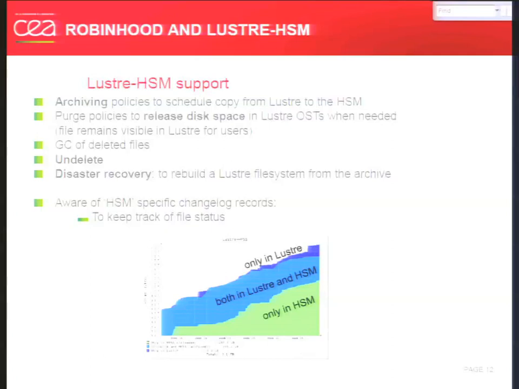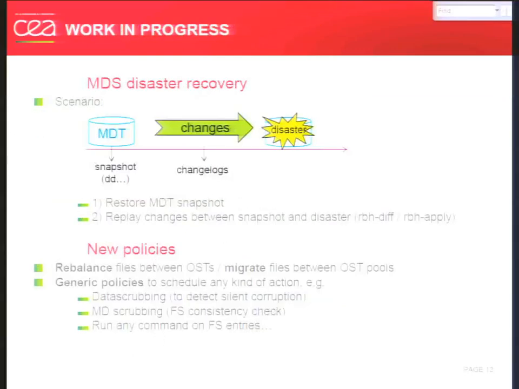And so you will be able to have this kind of graph to know what has been migrated, what is only in the HSM and still visible in Lustre, but the data is no more there, and the new data are there, for example. And this is useful for disaster recovery.